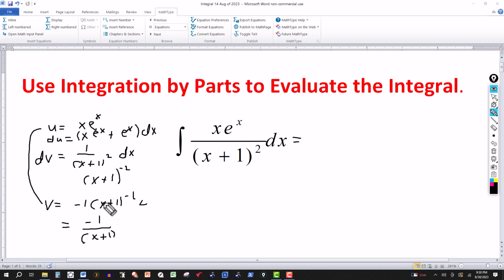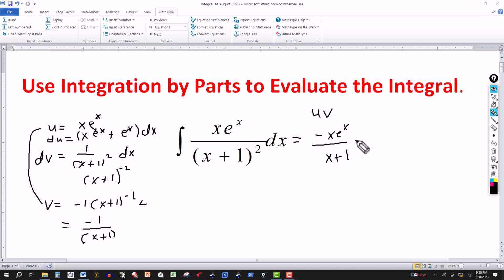So it's this times this. Negative 1 multiplies x e to the x, so I'll just put the negative here. It'll be negative x e to the x over x plus 1. Okay, this is your uv in the formula.